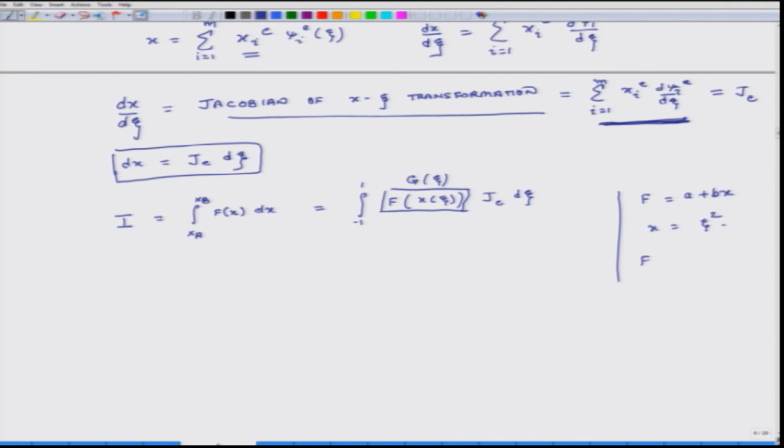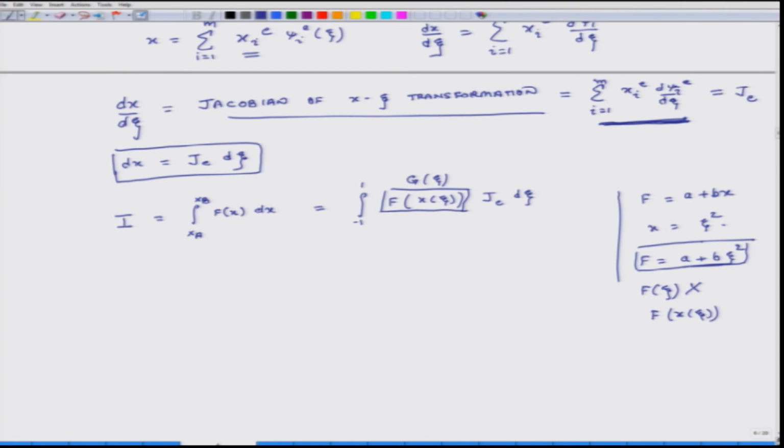So, what does this mean? f is equal to a plus b times zeta square, right. So, the nature of the function has changed when I am expressing it in terms of zeta. So, I cannot write this as f of zeta, this is wrong. I can write it as some other function g of zeta. That is why I have written g of zeta, but I can write it as f of x, which is a function of zeta. This is okay, but I cannot write f directly as f of zeta, that I cannot do.